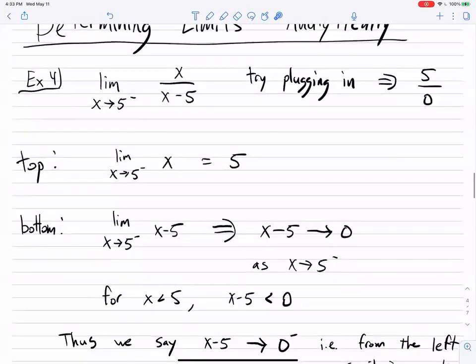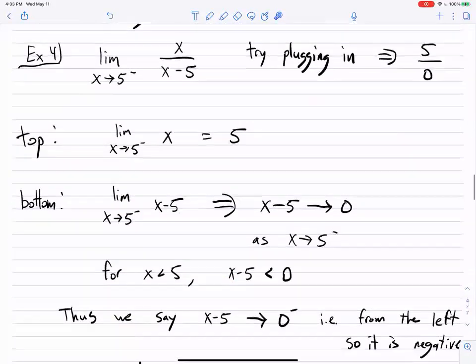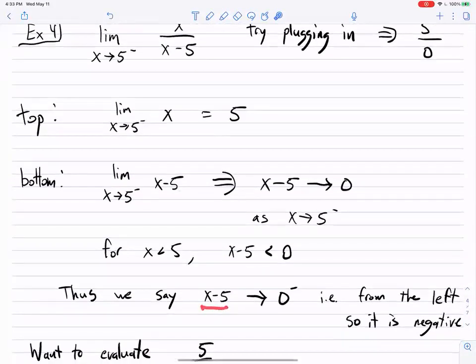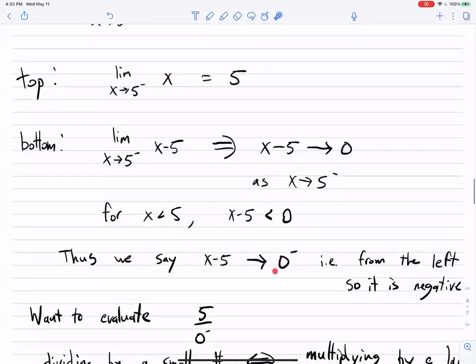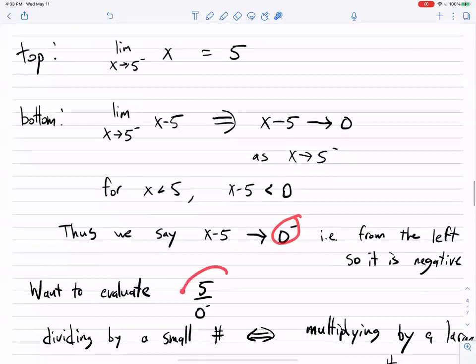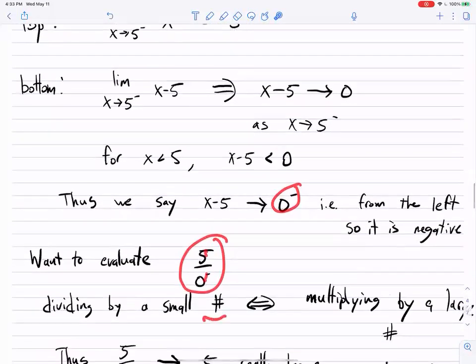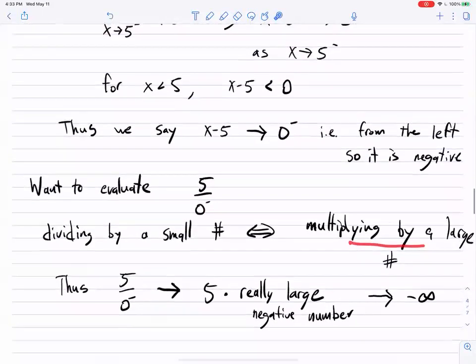That's important, right? Because x is less than 5 when we approach from the left, x minus 5 is actually less than 0. And so we say that x minus 5 is approaching 0 from the left, which means this quantity is going to be negative. When we evaluate 5 over 0 from the left, we're dividing by a small number, which is the same thing as multiplying by a large number.